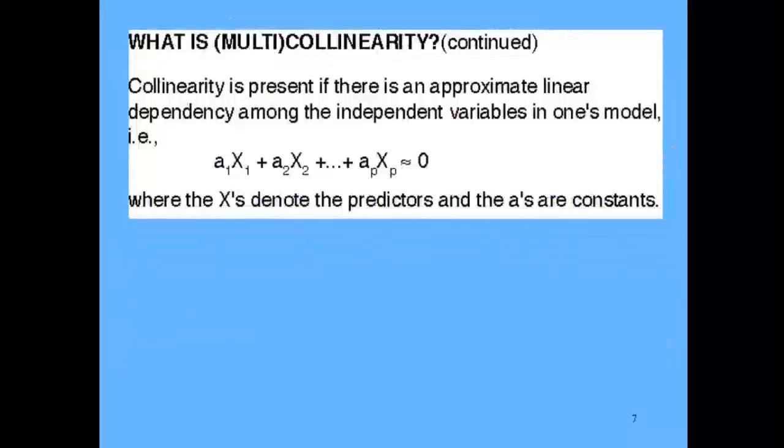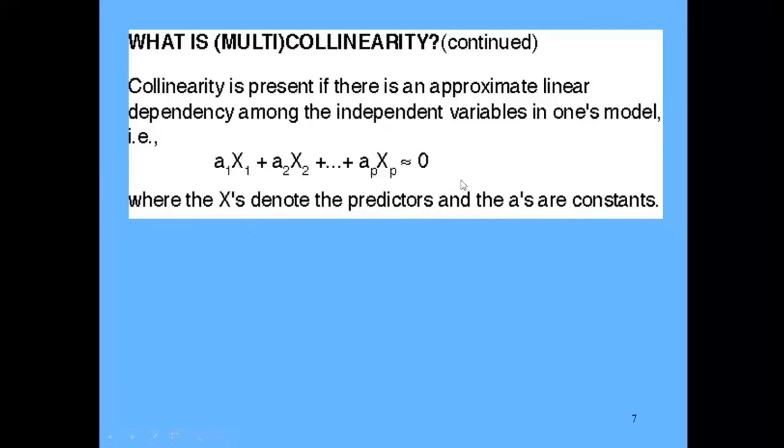Okay, now, another way to view collinearity in terms of the way I described it is, look at this expression. What is this expression? It's a linear function of the predictors in your model. You notice it doesn't have Y. And I've got P predictors. P might be 10. P might be 3. And it's a linear function. What does this statement say?